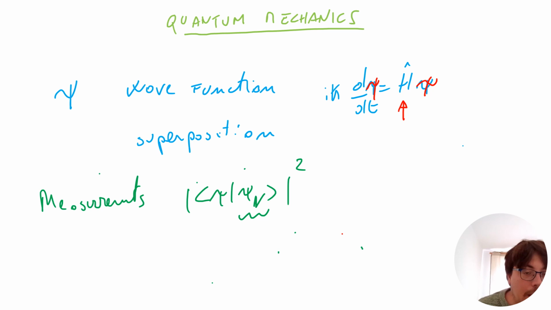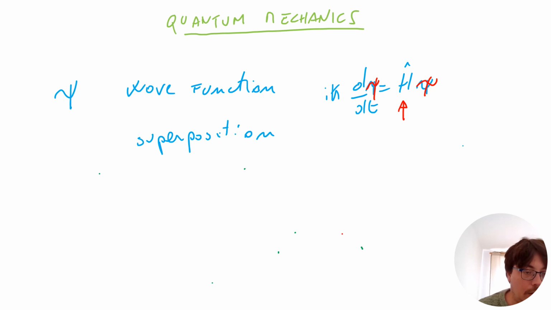But one crucial thing about quantum mechanics is the superposition. As you can see, we're talking about vectors, okay?